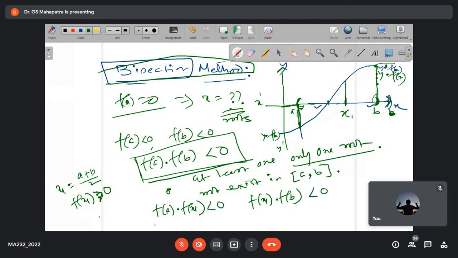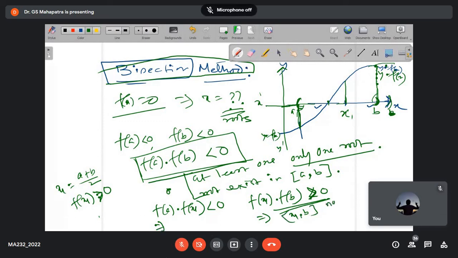What is the conclusion from these two? According to this statement, what will be the conclusion regarding f of x1 into f of b? That means, is there any root between x1 and b?